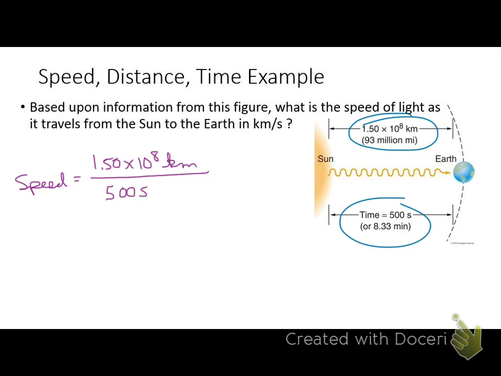So we got to remember what we talked about, scientific notation. For the 1.50 times 10 to the 8th, you're going to put 1.50, it's the coefficient. You're going to find your EE key, and you're going to put 8. And then you're going to simply say divided by 500.